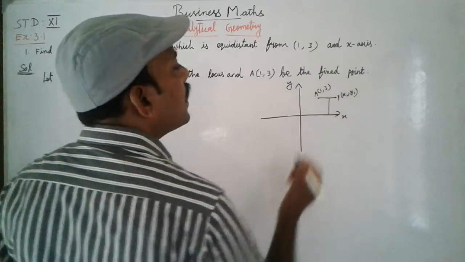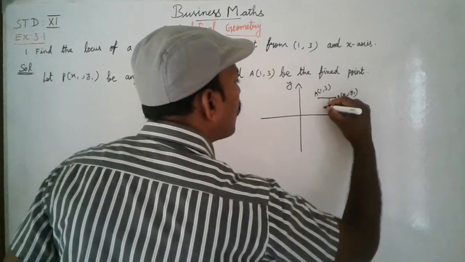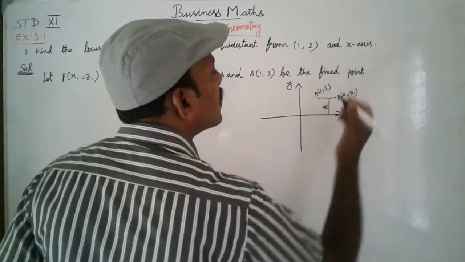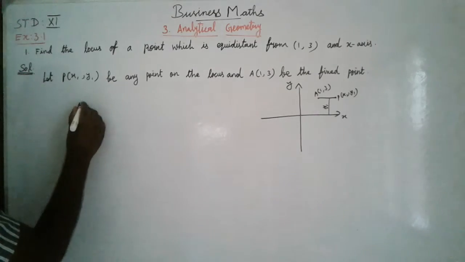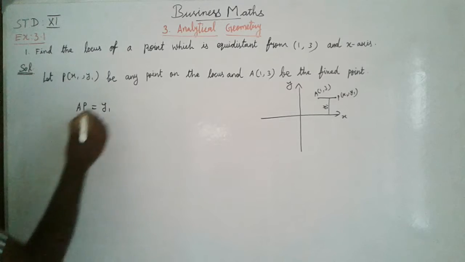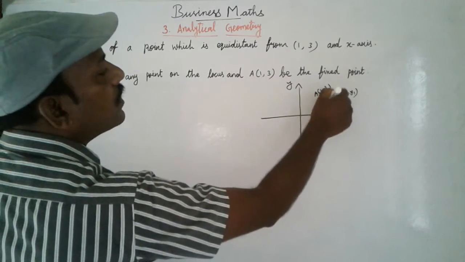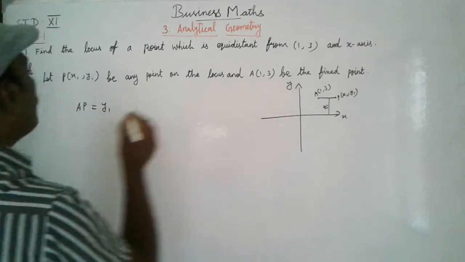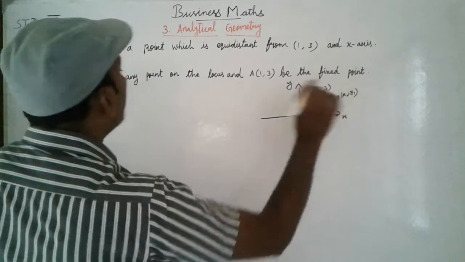Equal distance means this is y1 distance. So we take AP equal to y1. The distance from the x-axis is equal, so AP equals y1. This distance and this are equal.